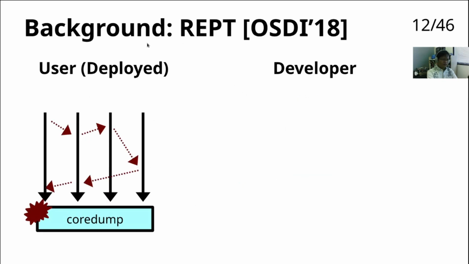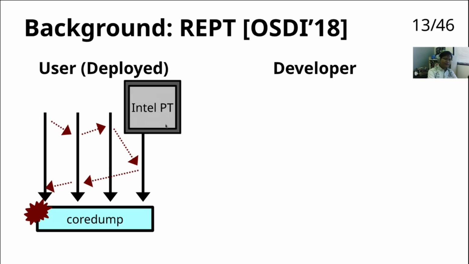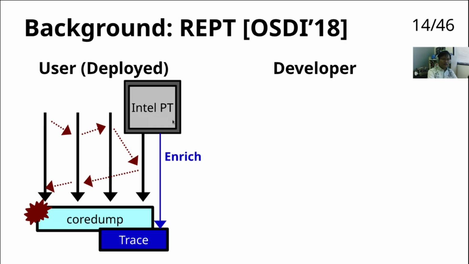So an existing method called REPT uses hardware technologies such as Intel PT in order to enrich the core dump with trace information.